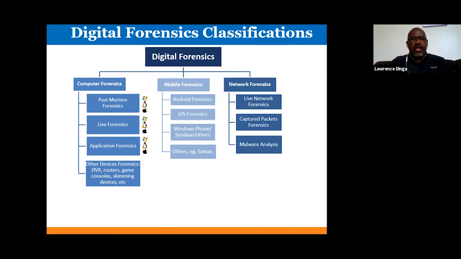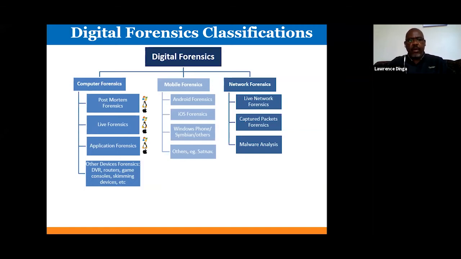I can tell you that computer forensics is the oldest of these categories, because when this started, it was only computers that had the evidence sought by law enforcement. That is why it is the oldest and the most matured among these categories of digital forensics.